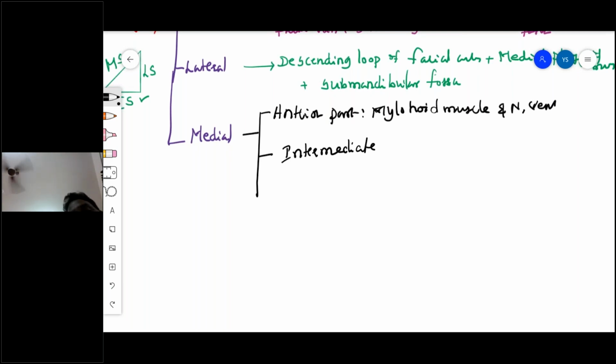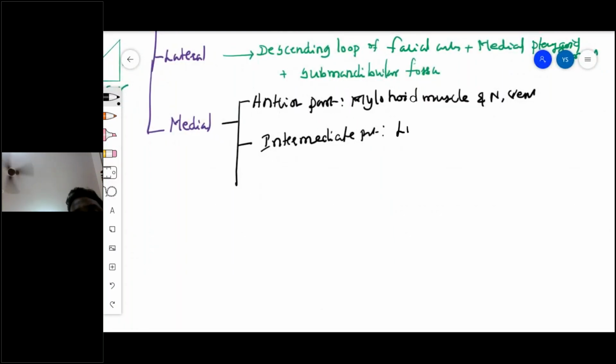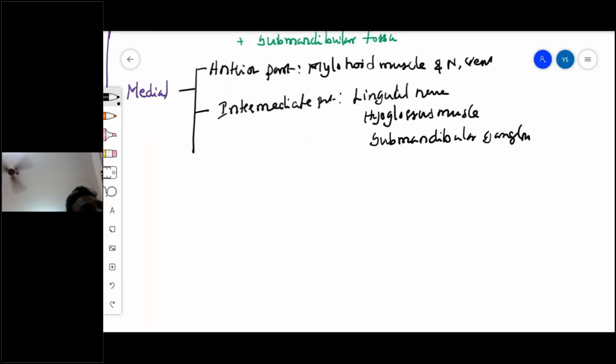The intermediate part is related to the lingual nerve, hyoglossus muscle, submandibular ganglion, and one more nerve, the hypoglossal nerve, the 12th cranial nerve.